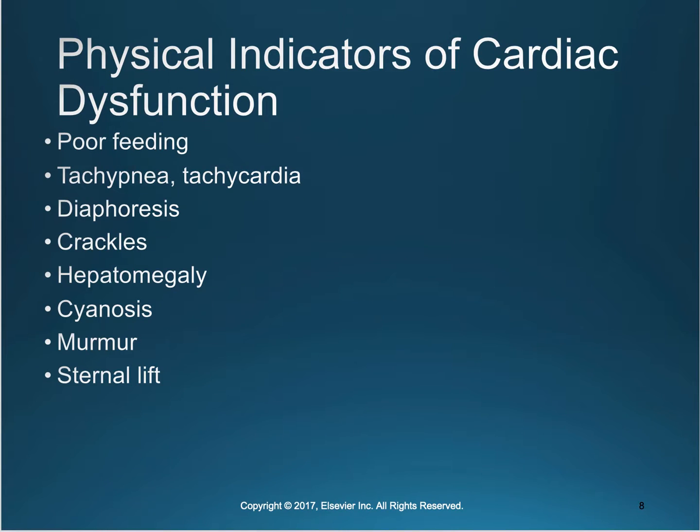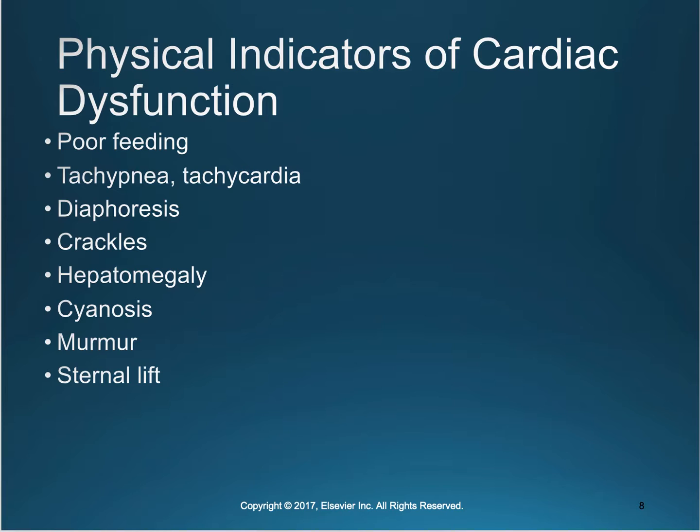Physical indicators of cardiac dysfunction. Now remember, if you can't breathe, you can't eat. So breathing and cardiac have to go together. If the heart is not functioning correctly, then nothing else is going to function. You might have crackles in the lungs, and that's from the blood flow, right? This child might get congestive heart failure.